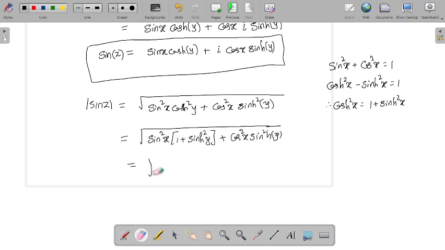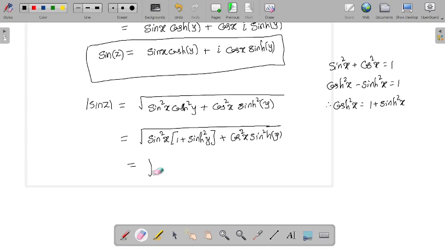Just for simplicity, I'd like to take the square on both sides. So mod sin z whole square equals sinh square y, you can take it out, so here I have sin square x, plus there I have cos square x, and there is one more term, plus you have sin square x.